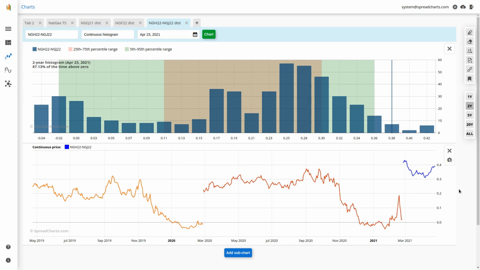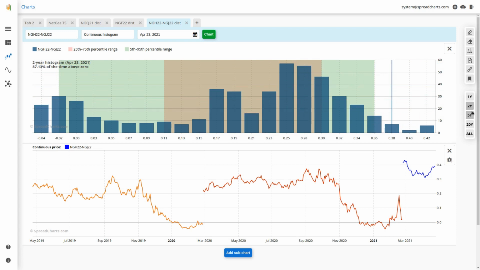And this is the valuation analysis for this Widowmaker spread. As you can see, it's outright overbought, it's outright expensive in the very short term. It's above the green field, which means it's above the 95th percentile.